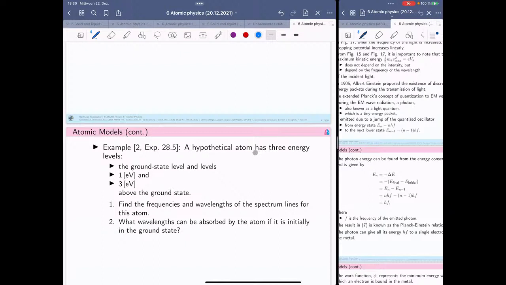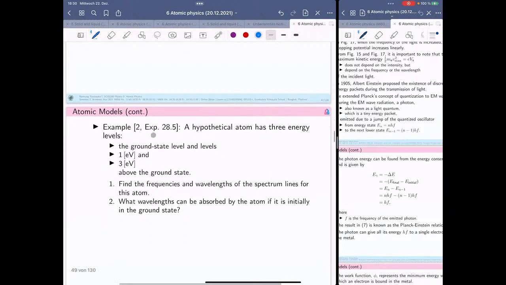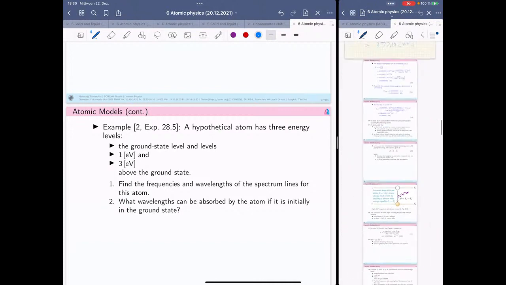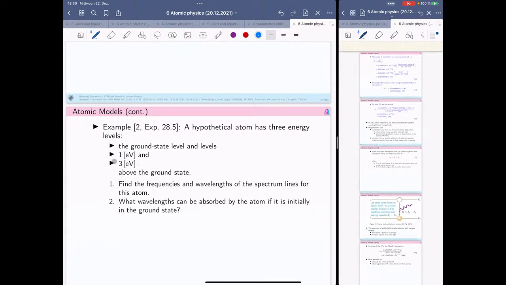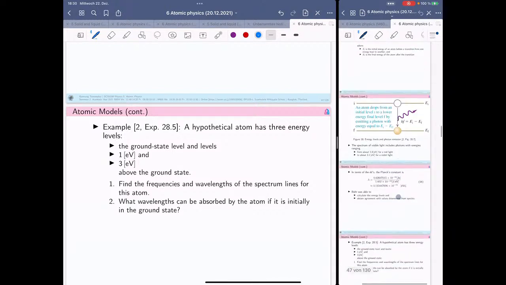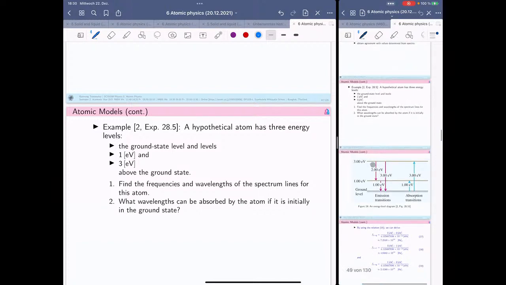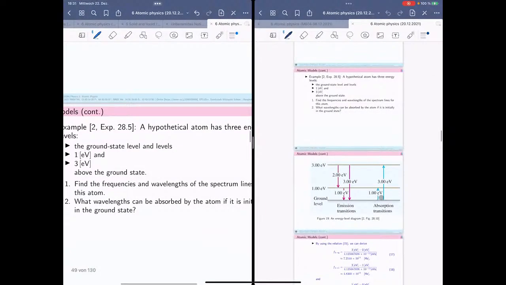Let's talk about another example. A hypothetical atom has three energy levels, or three energy states. The ground state level, and levels at 1 electron volt and 3 electron volts. If you don't completely understand, just take a look at this figure.